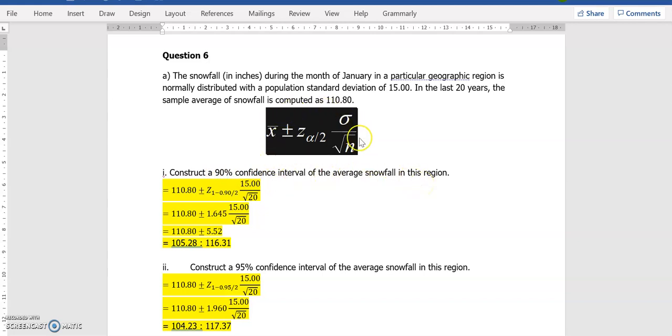1. Construct a 90% confidence interval of the average snowfall in this region. So we use the same formula. So the first component based on the equation refers to the point estimate. In this situation, our point estimate is the sample mean. Sample mean is equal to 110.80 plus minus.